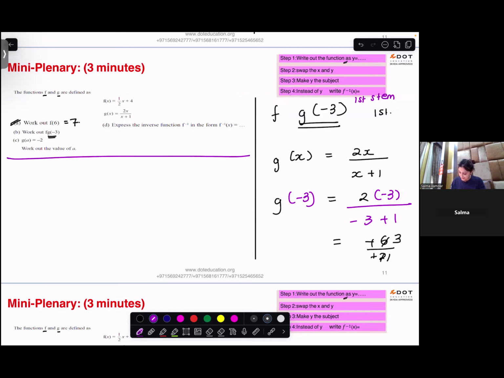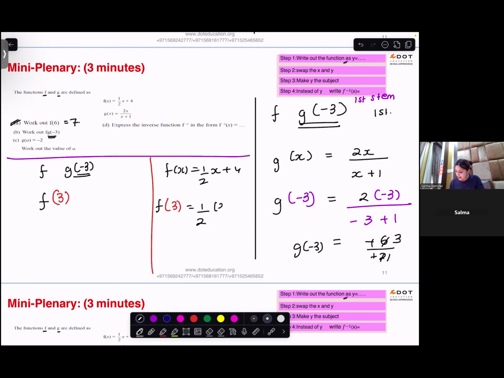I'll write the question again. I want f of g of minus 3. I've already found g of minus 3. What is g of minus 3? 3. I take this value. G of minus 3 is 3. So I'm left with f of 3. Okay. Now I have to find f of 3. That means I know I have my f of x is equal to half x plus 4. Instead of x, I'm going to substitute 3.